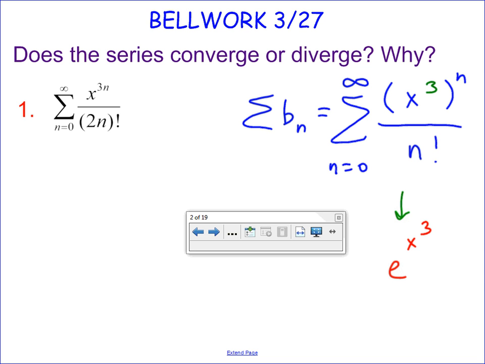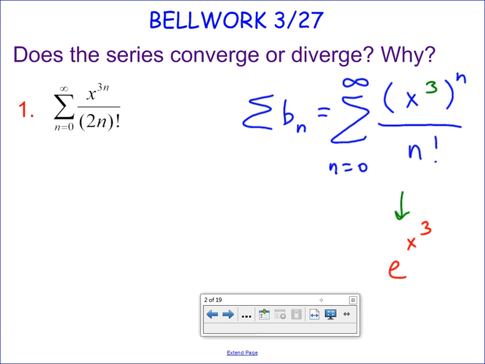Now we can use the direct comparison test. Our original function is less than or equal to this new series that we know about, the series, call it B sub n, which converges for all real x to e to the x cubed. I'll call the original a sub n.